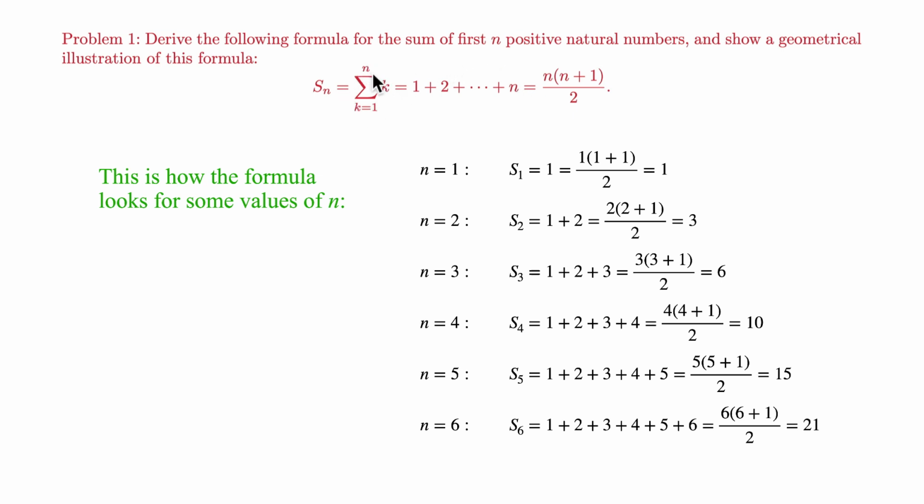We sum all the numbers k, starting with k equal to 1, ending with k equal to n, where n is just some number. It can be any natural number greater than 1. It can be 1 also, and then you will just have one term here, right? So now you understand this, and you understand that we will prove this formula here.